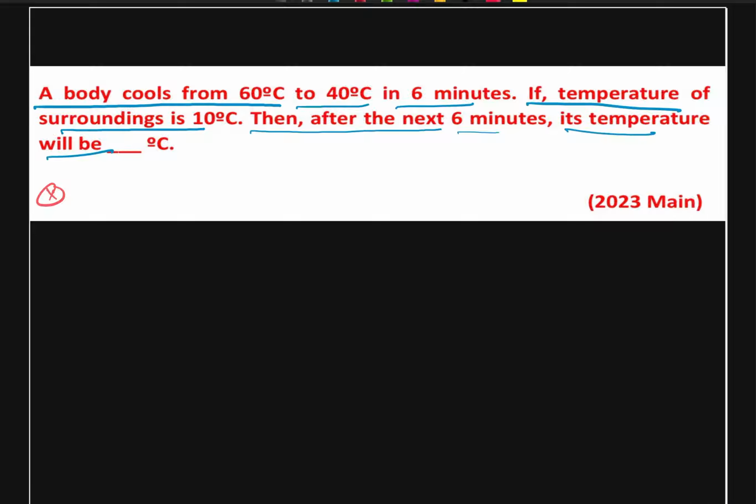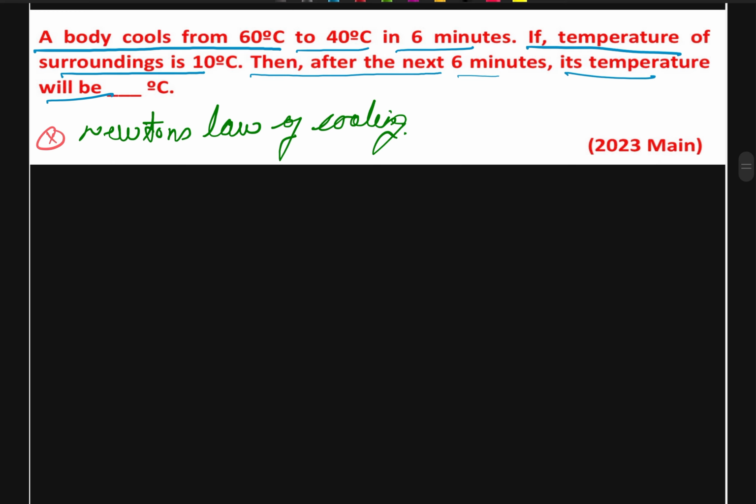So we can say Newton's law of cooling, and the formula is given as theta 1 minus theta 2 over time T is equal to alpha times their average minus theta naught, that is the room temperature or temperature of the surrounding.